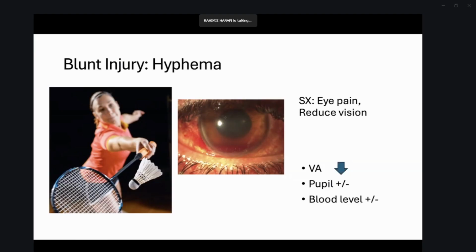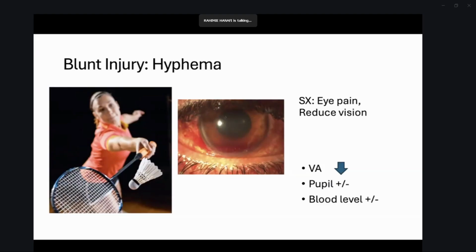But from the history, if the patient tells us the eye was hit by a ball, a shuttlecock or a tennis ball, we know this is blunt trauma. And if the patient has eye pain and complains that the visual acuity is reduced from before, it should trigger our mind that most likely the patient has hyphema.